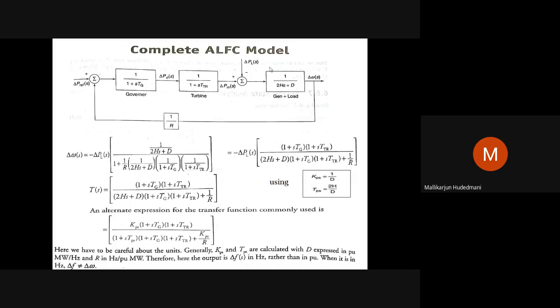So this generator and load together are represented by 1 by 2Hs plus D. In a locality, when you have a generator connected to a load, there is delta PE. Delta PE refers to the total electric load, in which we have frequency insensitive and frequency sensitive loads.